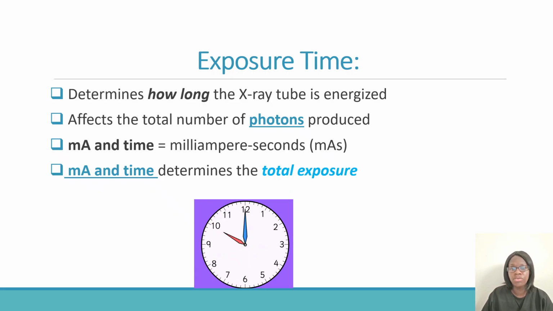I'm sure you all are at a point where you are selecting your kVp and mAs by yourself, and then the technologist is checking behind you. And then we also have AEC, which automatically adjusts your technical exposure factors for you.